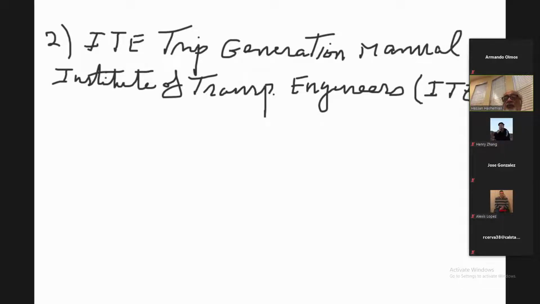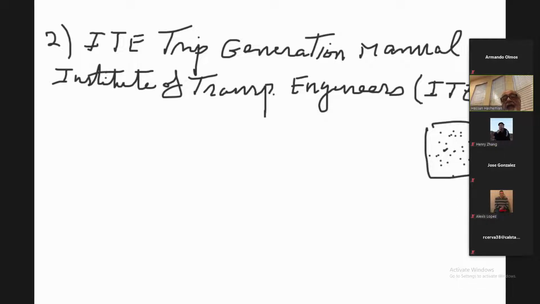Remember, in order to get the trip generation rate, we had to go into a zone and collect all these households, how many cars they have, whether there are one person or two persons in it, and so on, to get the trip generation rate, which was the second table. How many trips per household are being made? ITE had done all of that.